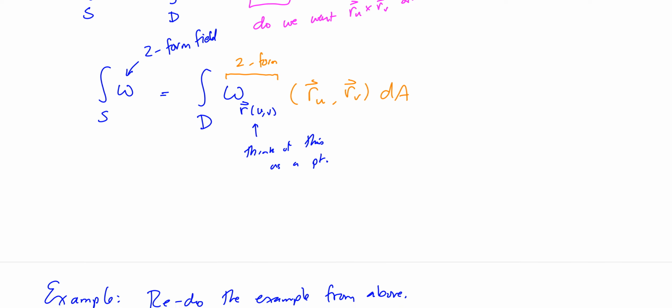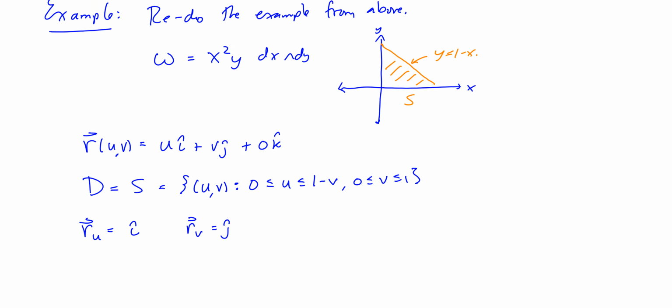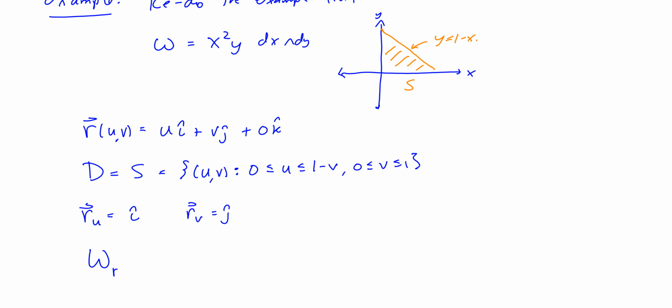If we look at our definition here, the first thing we want to do is take our 2 form field and evaluate it at R of uv. So our 2 form field here is x squared y. So omega evaluated at R of uv. We're going to replace the function in the front. The x's will become u's, and the y's will become v's because of our parameterization here. So I'm going to get u squared v, and then we still have the dx wedge dy here.